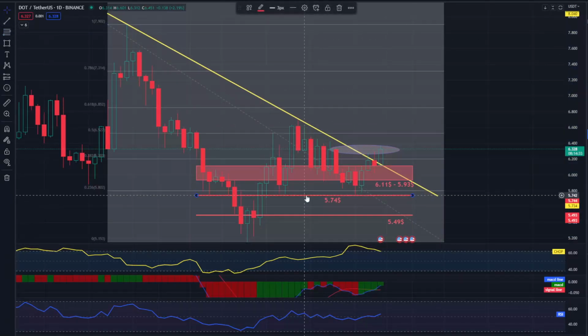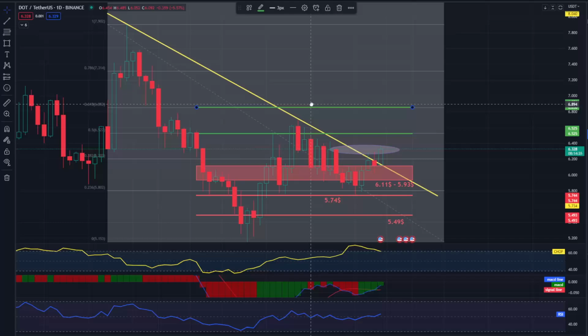Looking the other way, we see first resistance at $6.53, then second resistance at $6.86, then third resistance at $7.32.